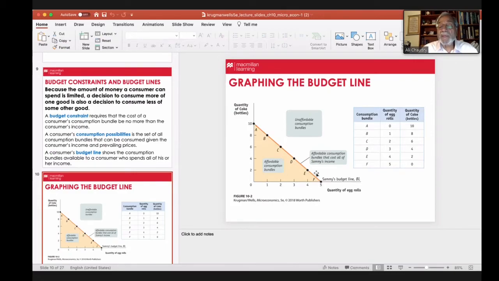So joining these 2 points gives us a budget line that says that at any point along this line, the person can choose a combination of Coke and egg roll. So at point B, you can have 8 Cokes and maybe one egg roll, or a little more than one egg roll. At point D, you can have 3 egg rolls and 4 Cokes, right? You see the reason for this combination?